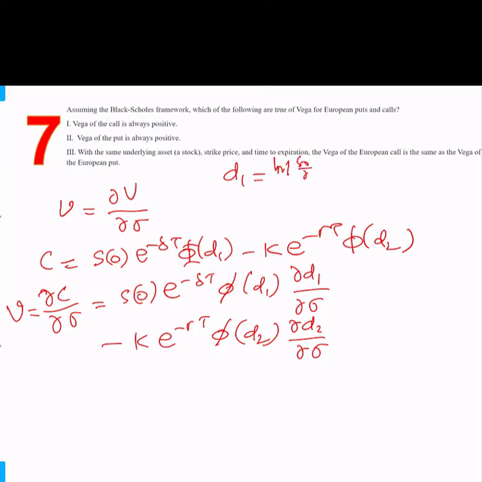Alright, if we look at the formula of d1, minus plus r plus delta minus sigma squared over 2 sigma squared of t, the first derivative of it respects... this is a long derivation.